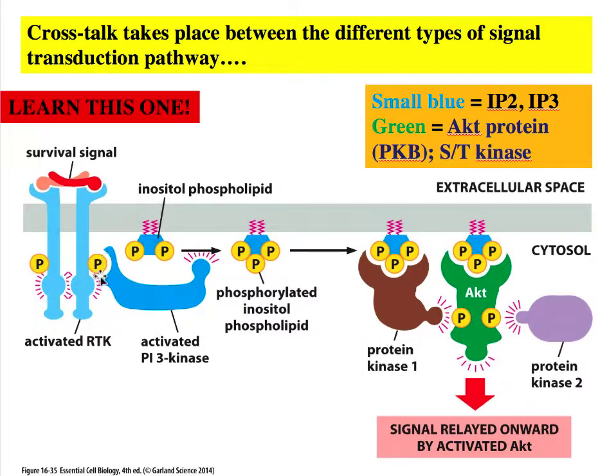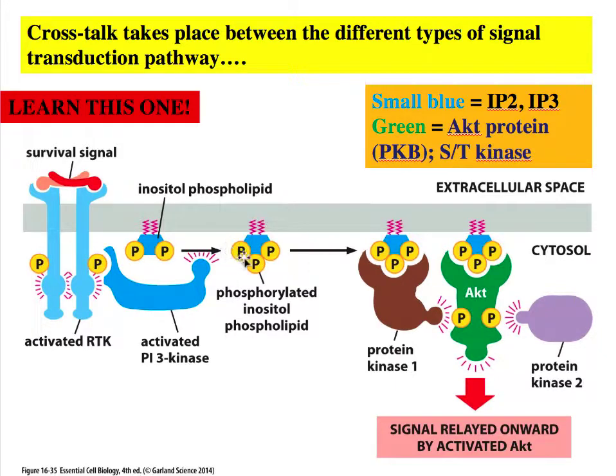Once they're phosphorylated, their target protein, PI3 kinase, comes in, and this protein is an enzyme that can convert inositol phospholipids into IP3 by the simple addition of another phosphate. So this is IP2 and this is IP3. We're familiar with IP3 from a previous discussion on G proteins, G protein coupled receptors.